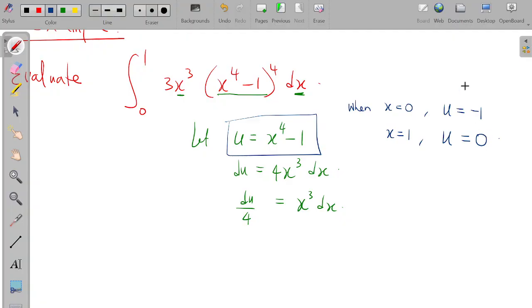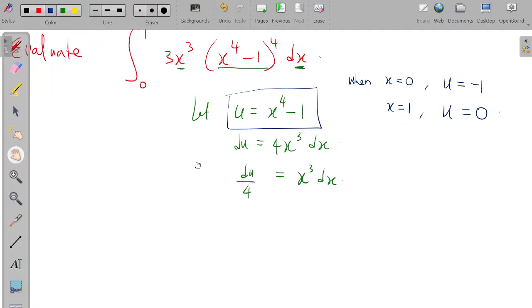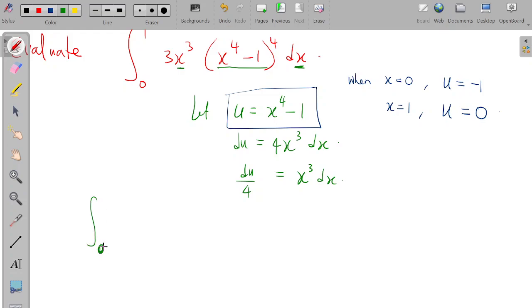Take note. All right. So now let's change the integral, so what we have before as 0 to 1, I can leave this 3 there, (x^4 minus 1) raised to power 4, then I'm multiplying x^3 dx, I'm rewriting it so that it can fit what I have here.